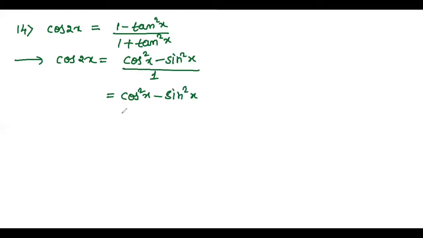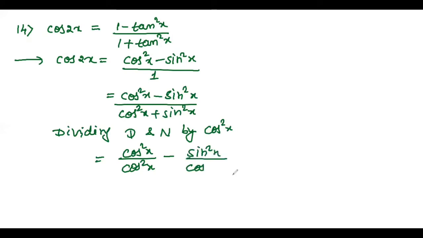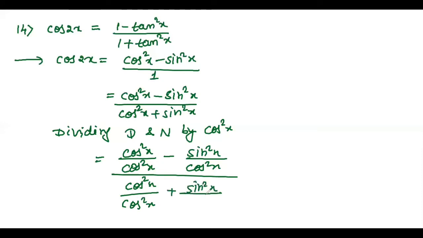Now dividing numerator and denominator by cos square x: cos square x by cos square x minus sin square x by cos square x, divided by cos square x by cos square x plus sin square x by cos square x.